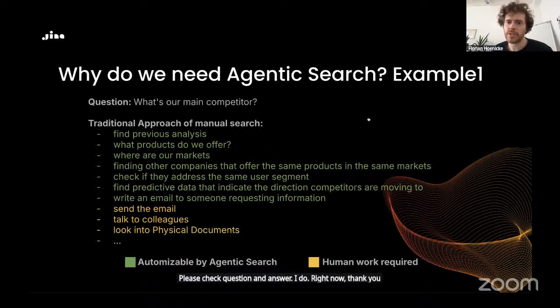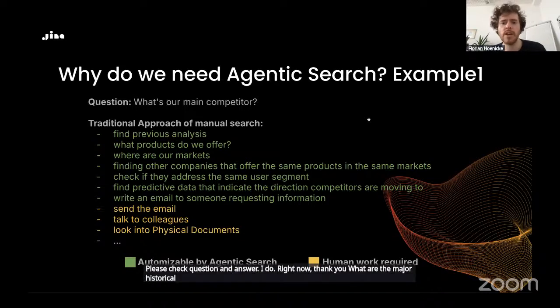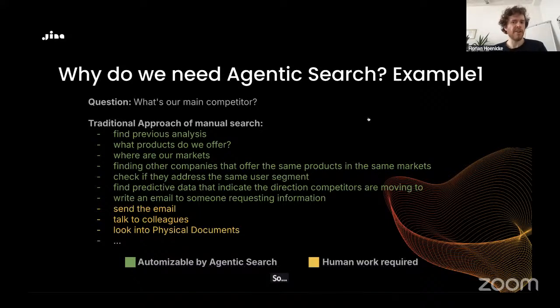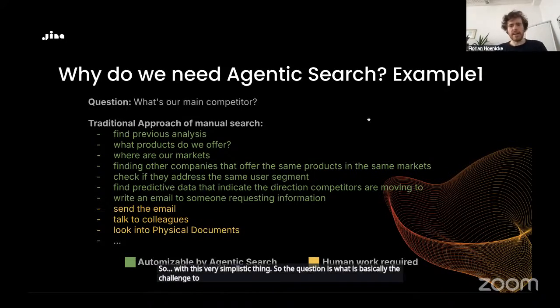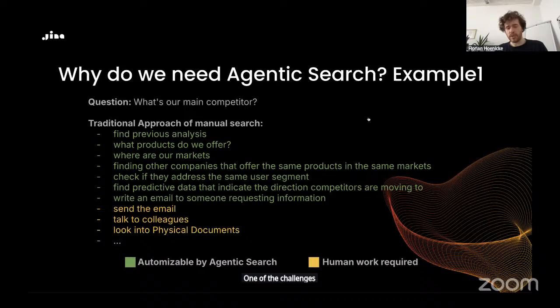What are the major historical challenges with this model? So with this very simplistic thing, the question is, what is basically the challenge to everything I told you already? One of the challenges I said was this context size. This is growing over time. We have a lot of other problems. What also can happen is that it diverges in certain directions.